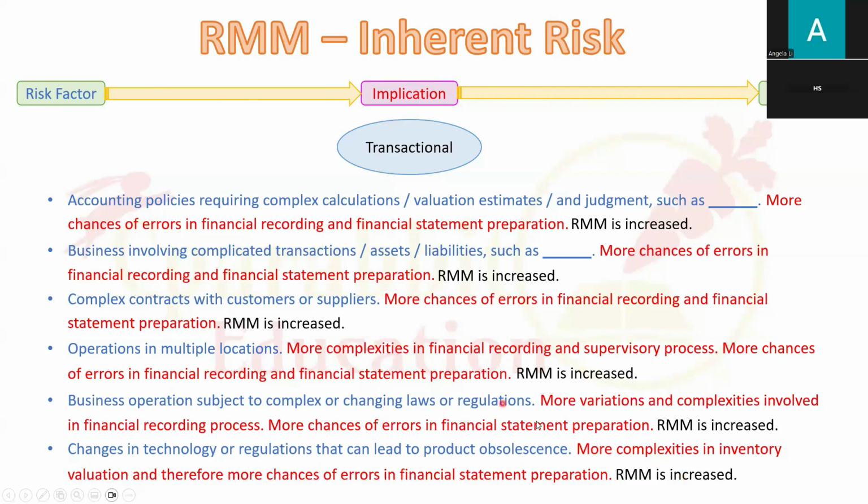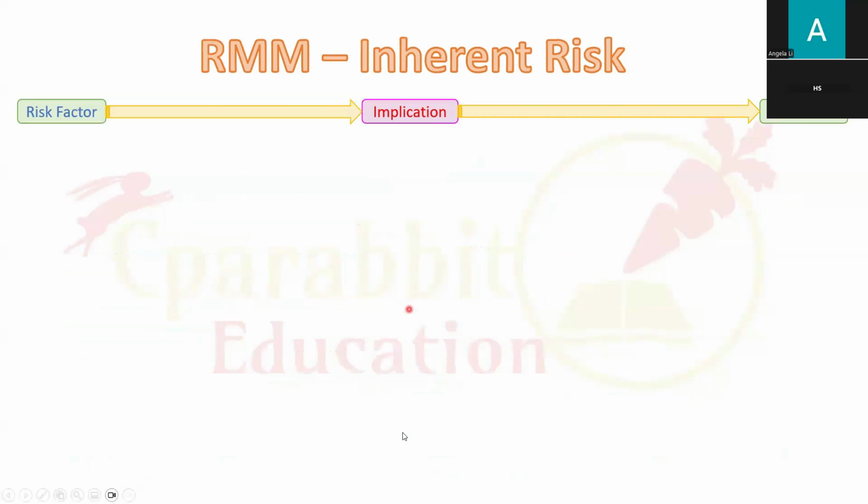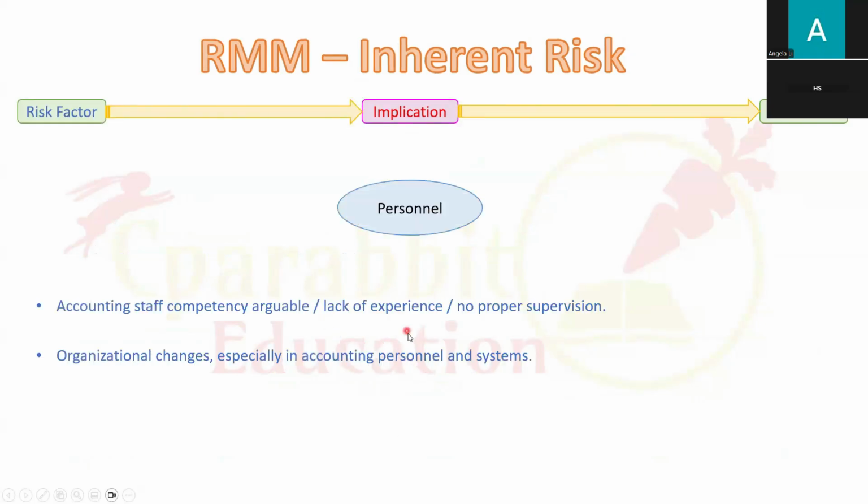These are the risk factors that are transactional. What about personnel? Key accounting personnel change, like the controller goes on maternity leave, or the CFO left, or organizational changes.